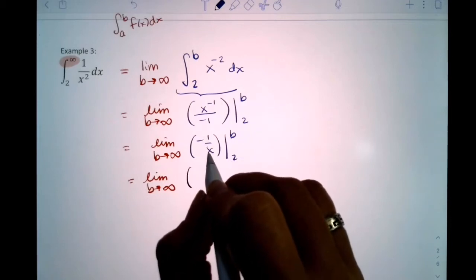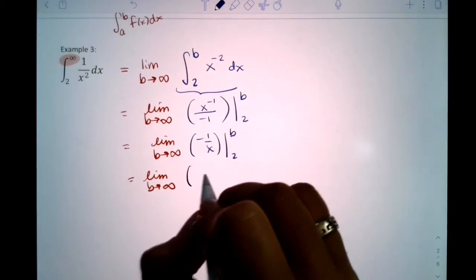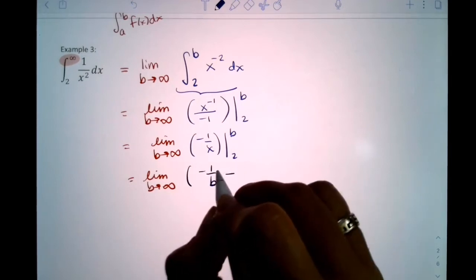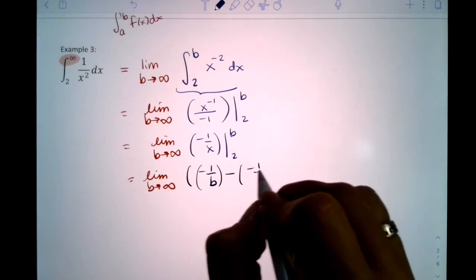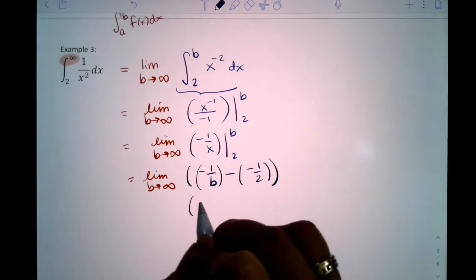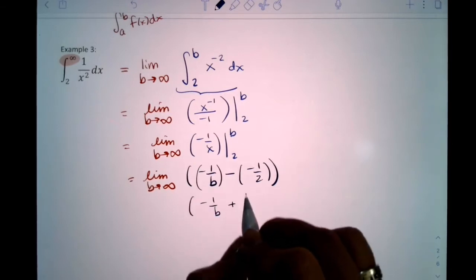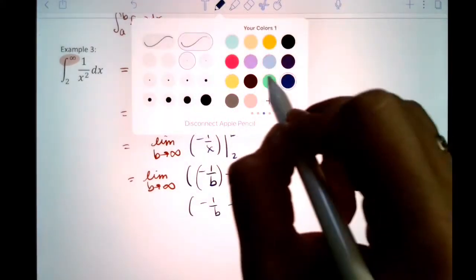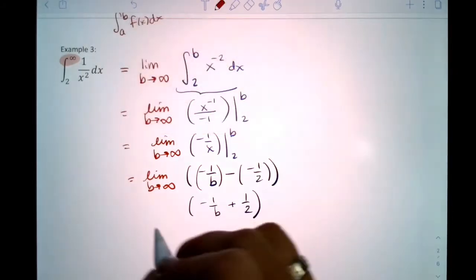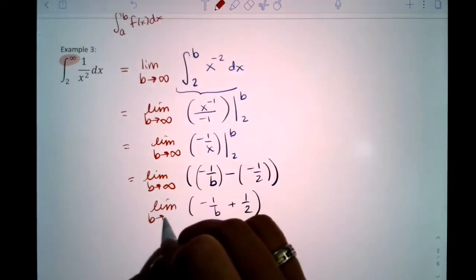You are going to replace x with b in your antiderivative, and then you're going to have minus negative 1/2. That's what the fundamental theorem of calculus says to do. Plug in your upper limit of integration and then your lower limit of integration. So I did that, right? What I end up with is negative 1 over b plus 1/2. Now remember, hanging out in the background is this issue of the limit as b goes to infinity.